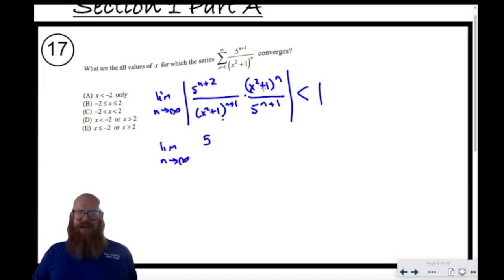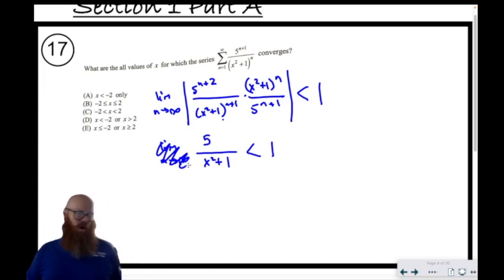And then when we have x squared plus 1 to the n over x squared plus 1 to the n plus 1, that leaves an x squared plus 1 on the bottom. And if it's the limit as n goes to infinity, that simply just is this. So I'm going to just ignore this because there's no n's left. So the limit as n goes to infinity of 1 is just 1.